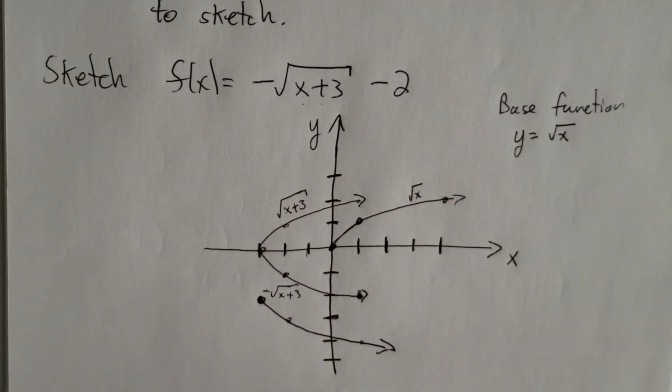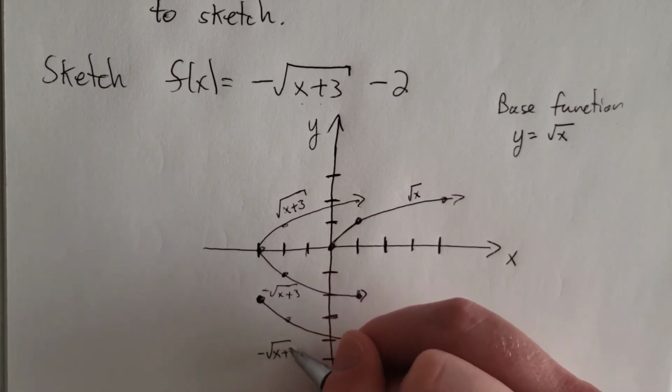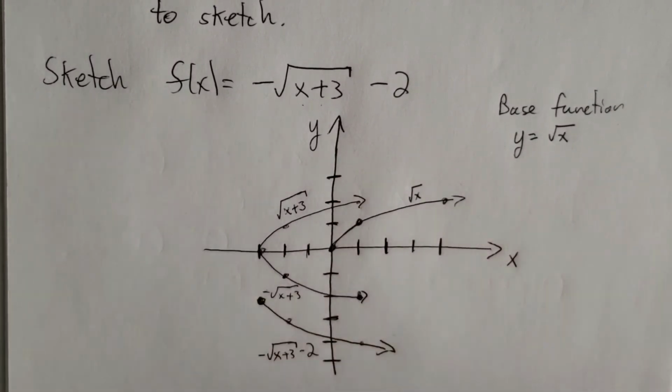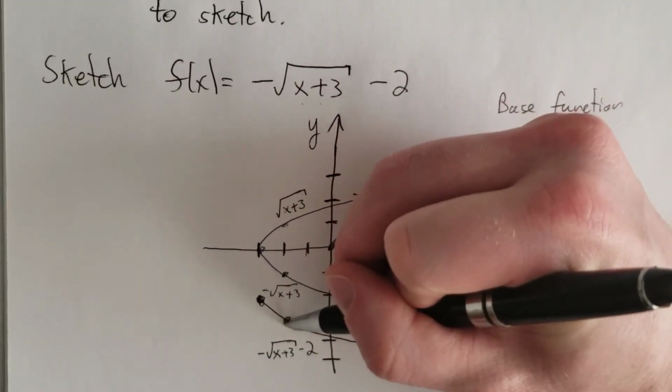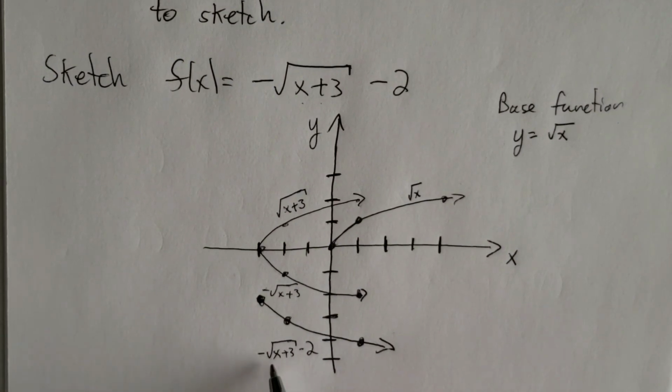And we have done so now. And so this function that we have sketched here is the negative square root of x plus 3, all minus 2.